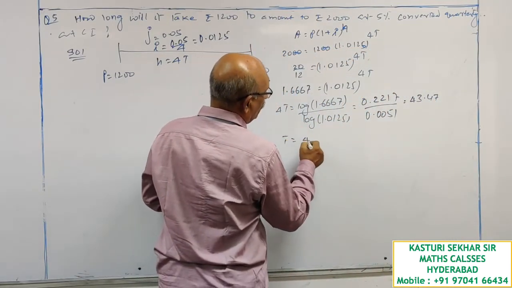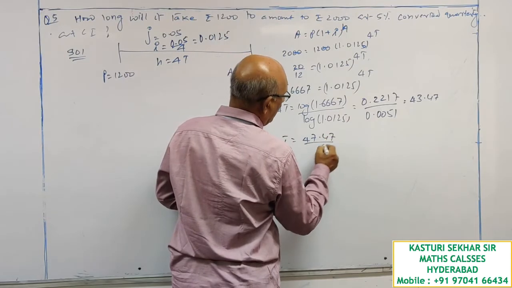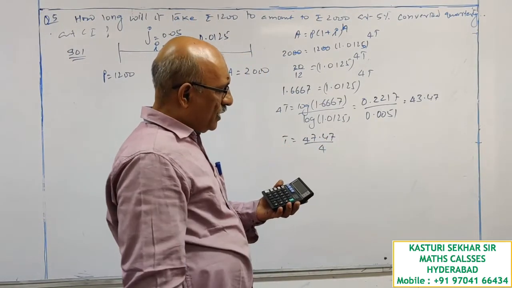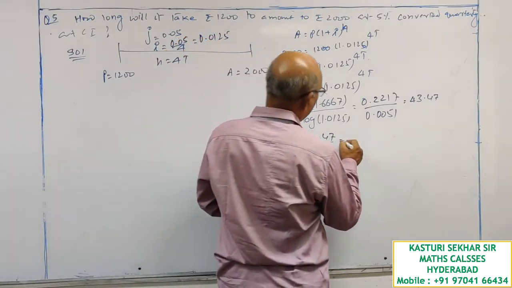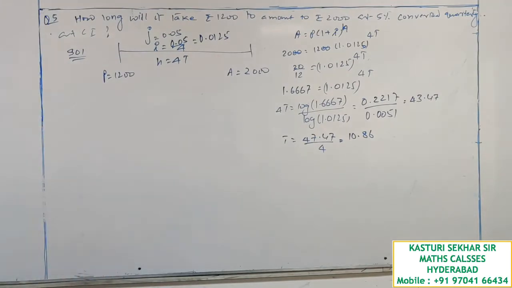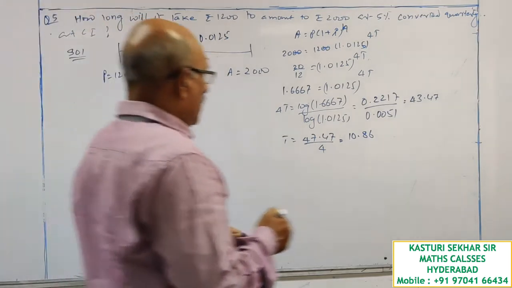So t is equal to 43.47 divided by 4, which is 10.86 years.